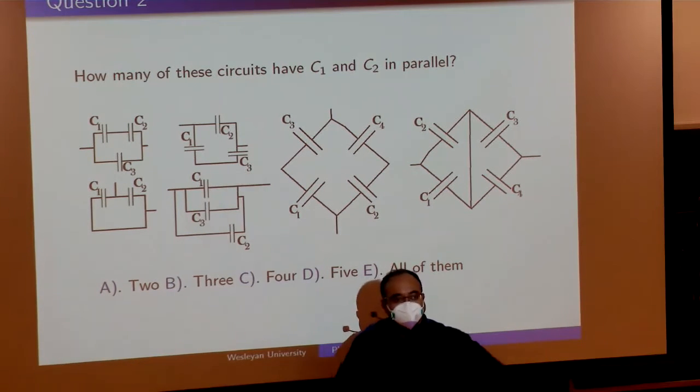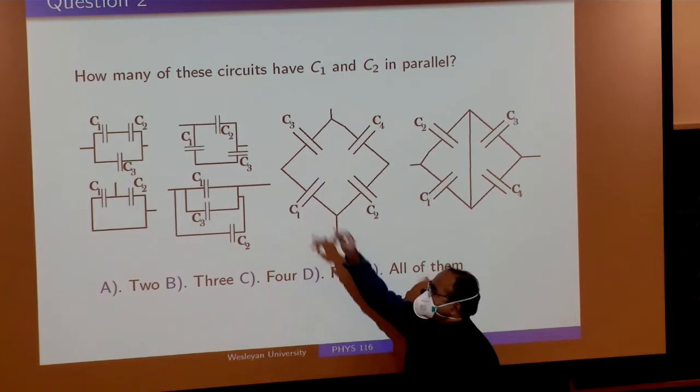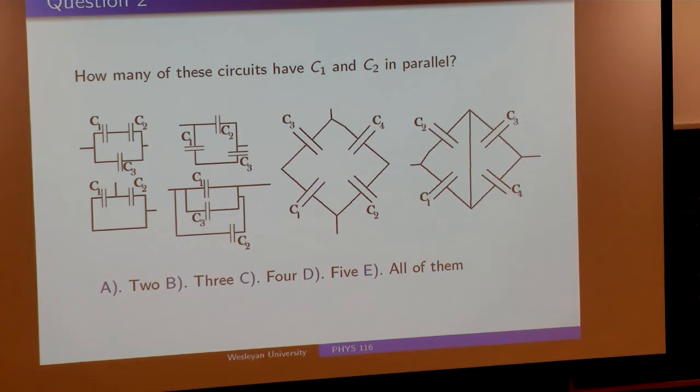All right. This one. No, why not? C3 gets in the way. Let me sort of lay that out a little bit.